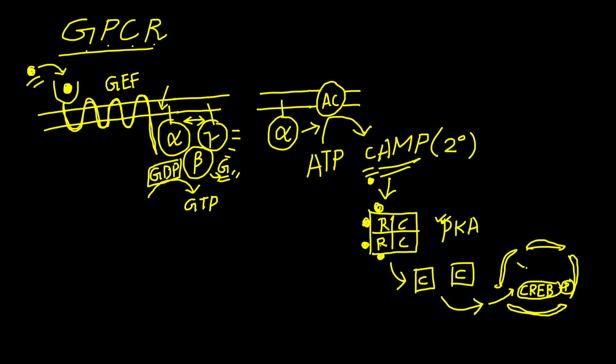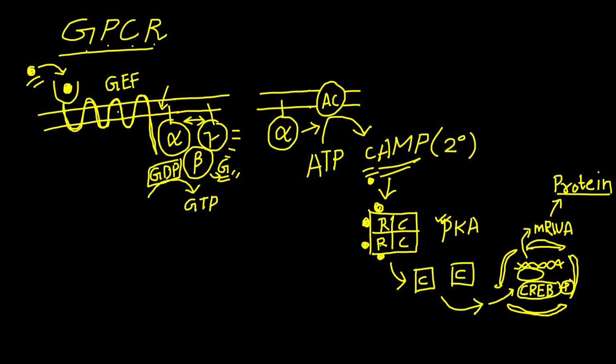After phosphorylation, it binds to the promoter region of the DNA. Since CREB is a transcription factor, it generates the required messenger RNA. After that, the protein is synthesized inside the cell. In this way, the GPCR signaling works.